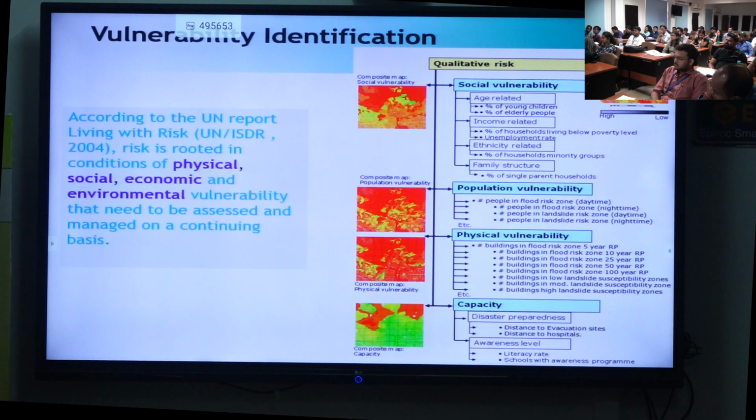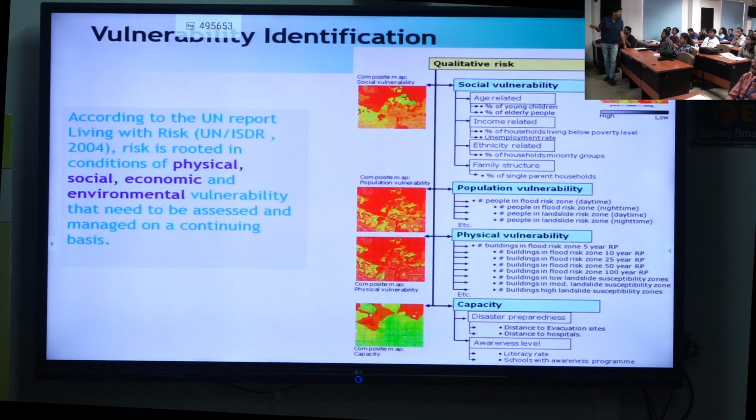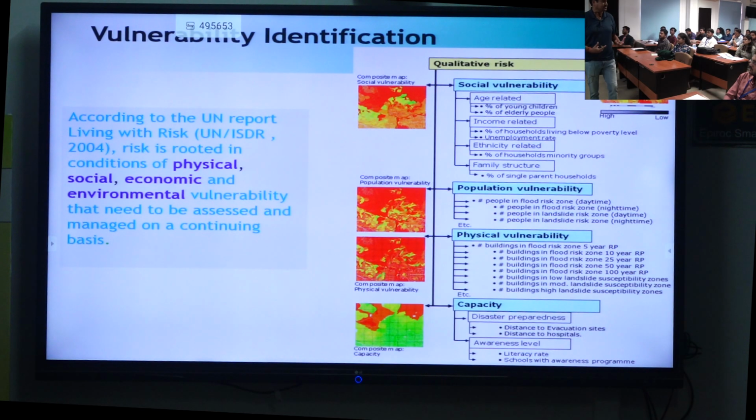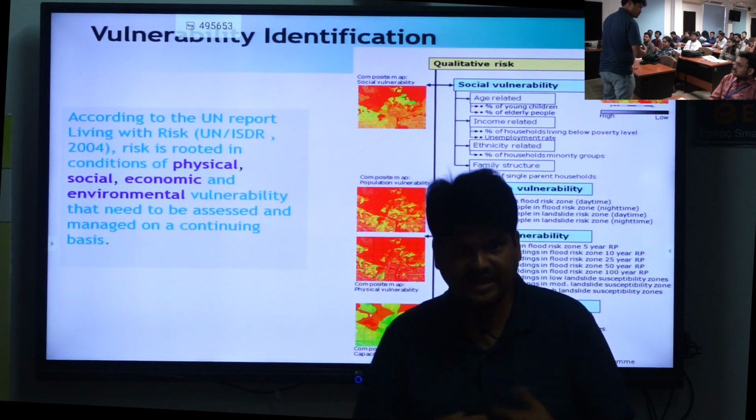So now here, family structures and so on, that is social vulnerability. That means these are the kind of data that you need. Coming to population vulnerability: how many people are, for example, at risk from a particular flood or landslide and so on.